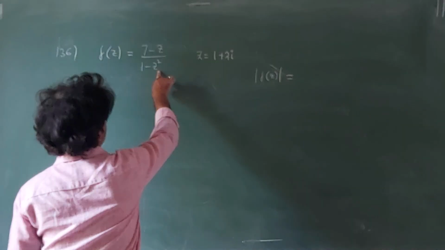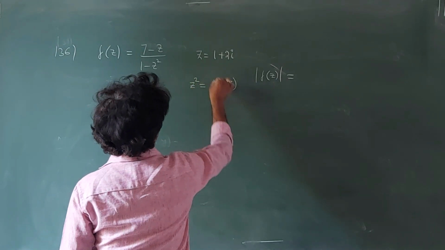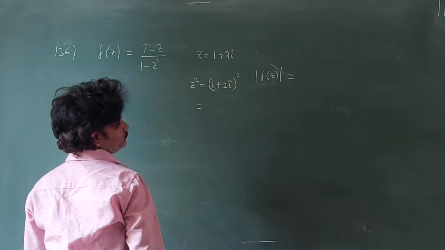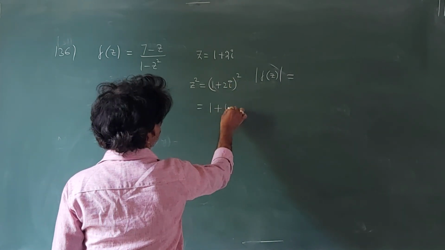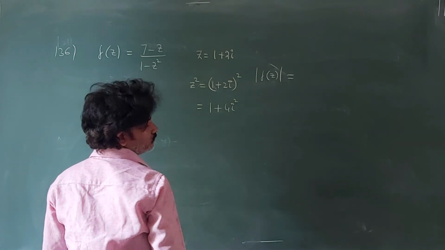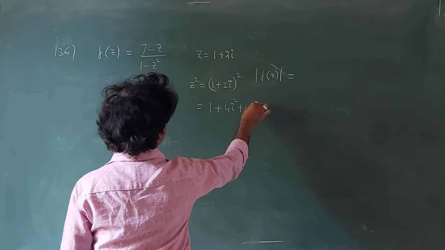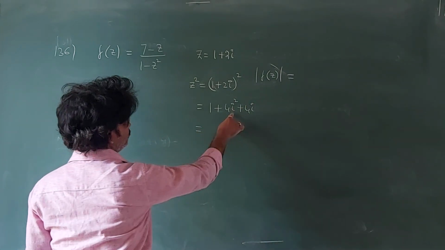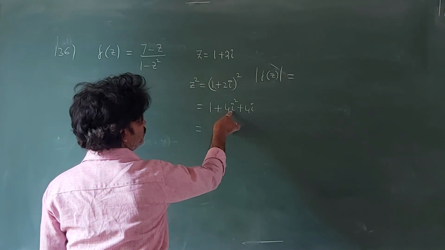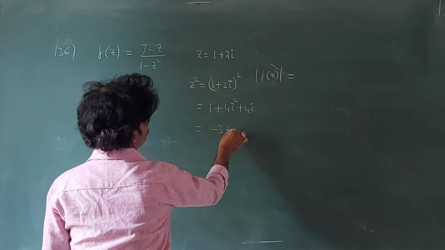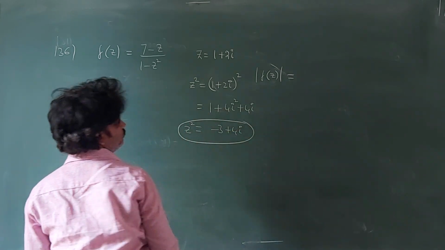Right? First the denominator z square is there. So let us find first z square now, which is 1 plus 2i whole square. Like a plus b whole square, 1 square 1. 2i whole square means 4i square. 2ab means 2 into 1 into 2i, 4i. What is i square value? Minus 1. 4 into minus 1, minus 4, 1 minus 4, minus 3. So simply z square is minus 3 plus 4i.